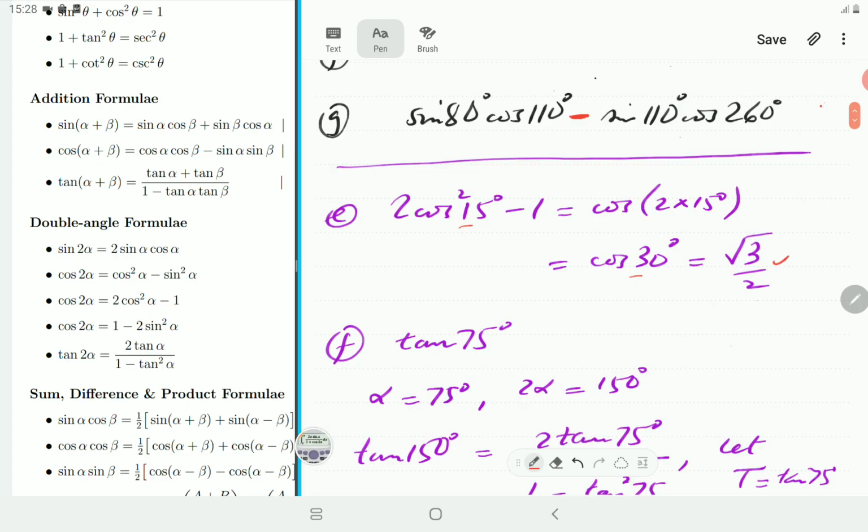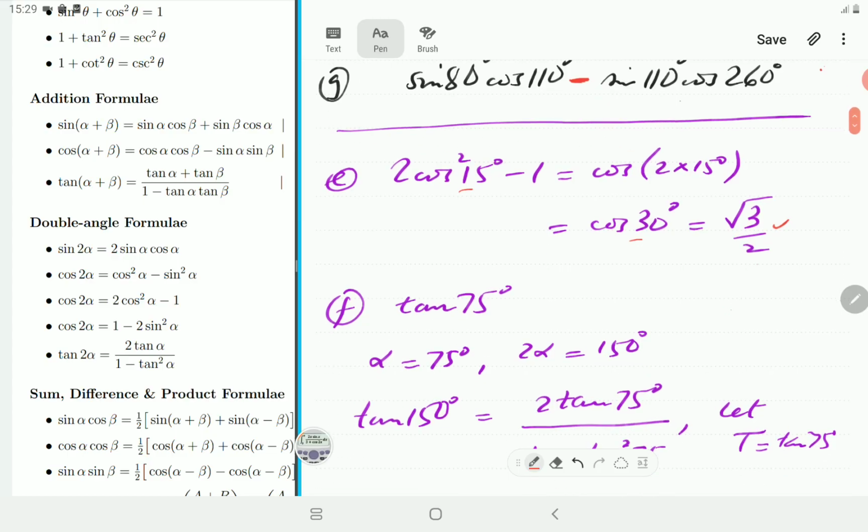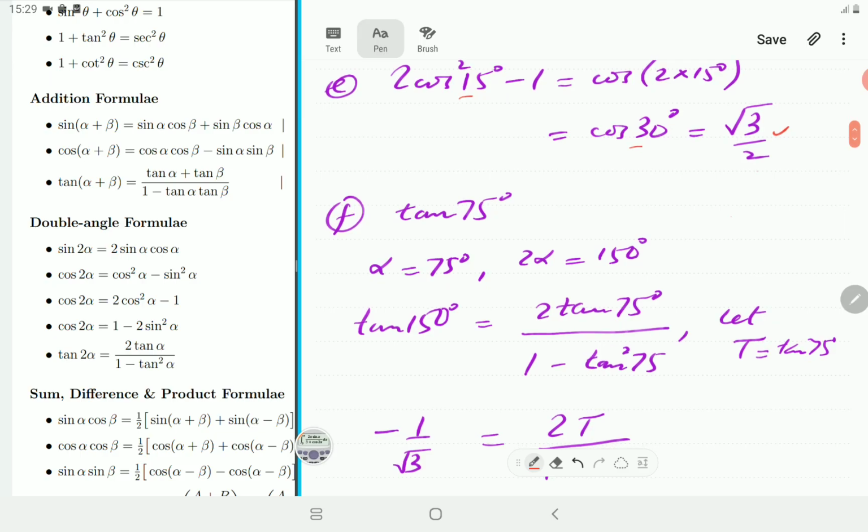And then on tangent 75, again we make use of the fact that 2 times 75 is a special angle, 150, so we're going to use the double angle formula for tangent, with 2 alpha being 150, and so then the unknown is this one.